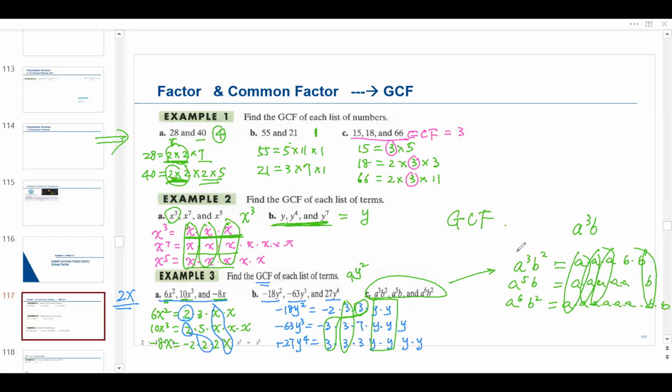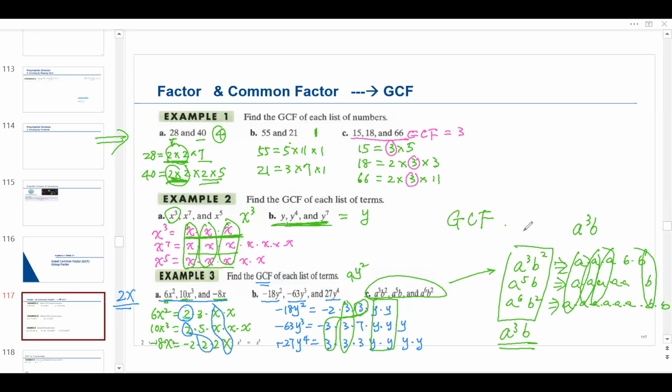So actually, visually, if you line up here, you can see a cubic, a power 5, a power 6. A cubic is their least common part, right? And b squared, b. So b is their common part. You can quickly get it here as well. We don't necessarily go into so much detail.